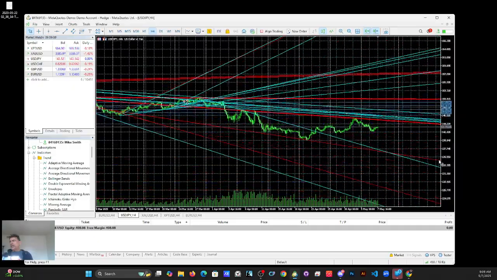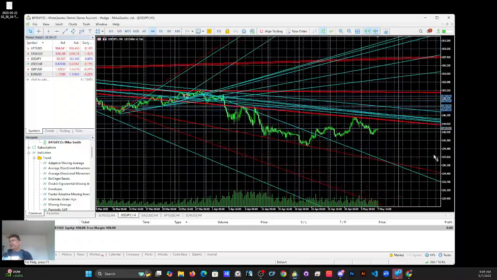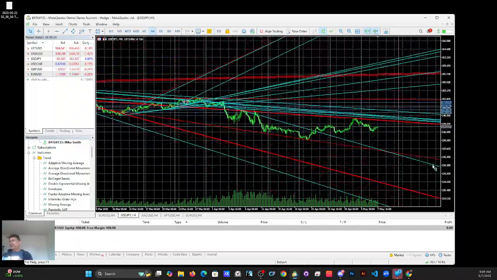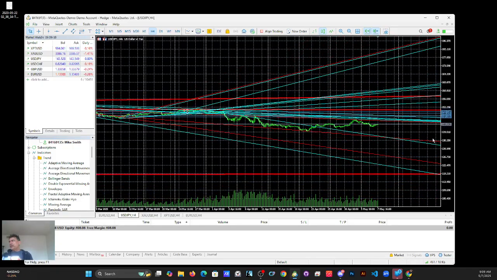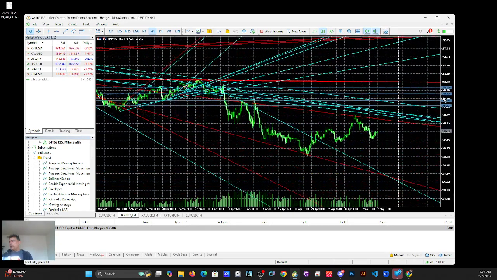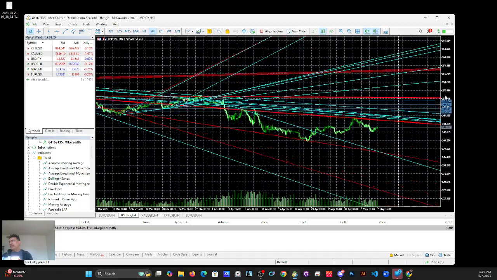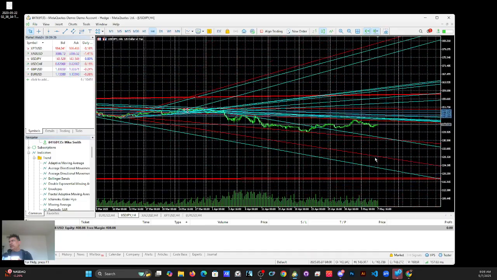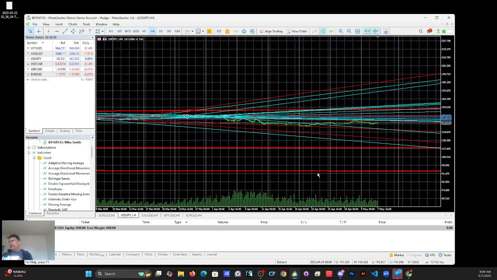I think actually I have more. The way it looks here, I think I've got 1, 2, 3, 4 trends above the price action, and I have 1, 2, 3, 4 below the price action.